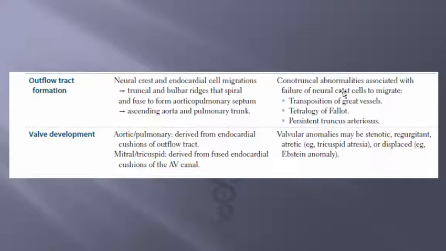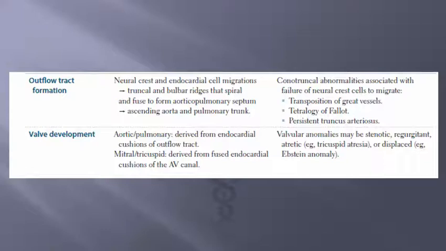Valvular anomalies may be stenotic or regurgitant. In other words, they may be narrowing, stenotic, or they may be regurgitant, where the flow actually goes backwards. Atretic, where blood may not get through to the other side of the tricuspid, or displaced, such as Ebstein anomaly.